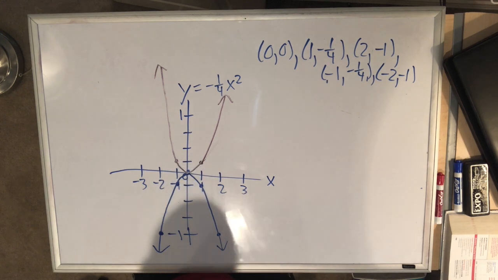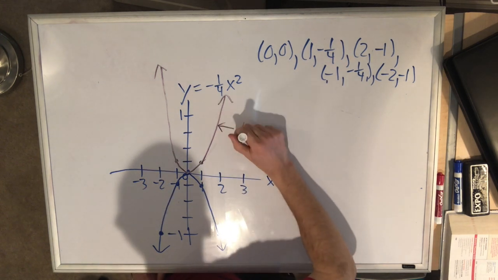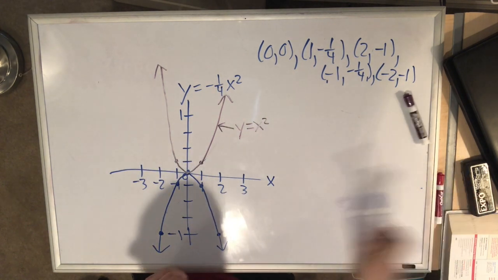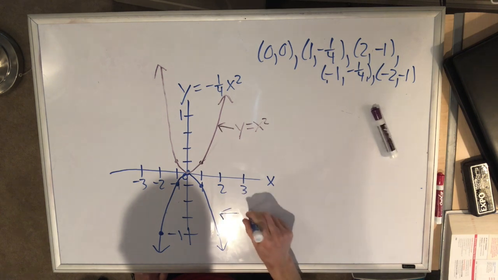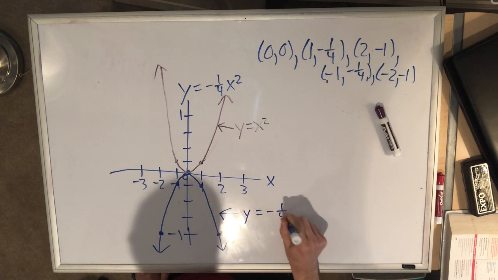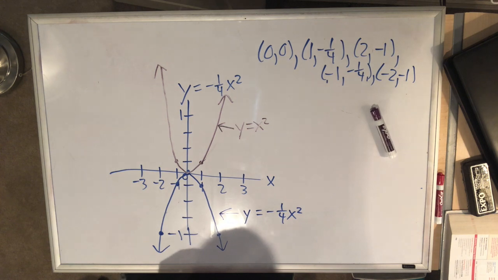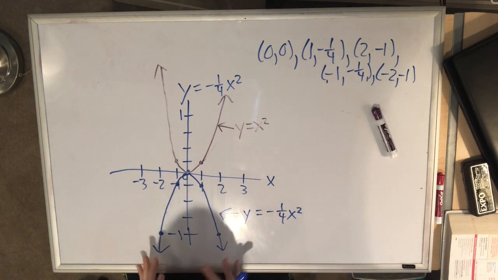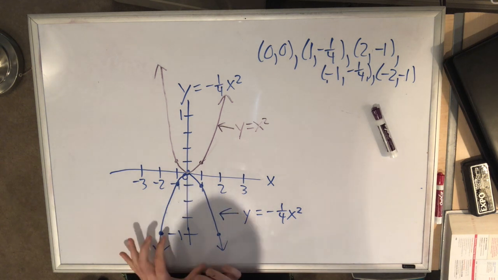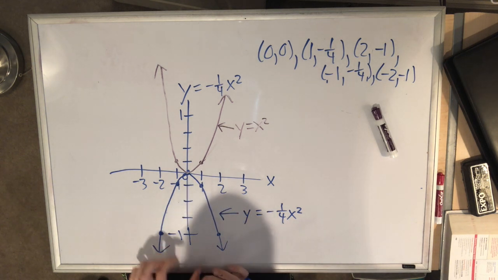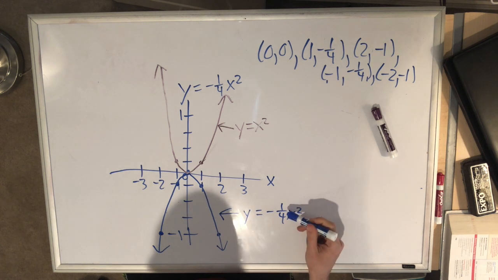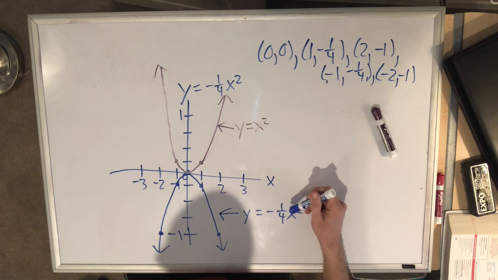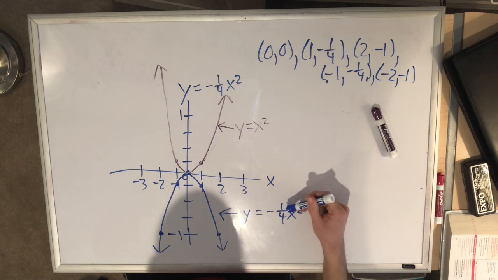So comparing the graph of y equals x squared and the graph of y equals negative 1/4 x squared, notice that the graph of y equals negative 1/4 x squared looks wider. So vertical shrinking took place because x squared was multiplied by a number with an absolute value less than 1, like negative 1/4.